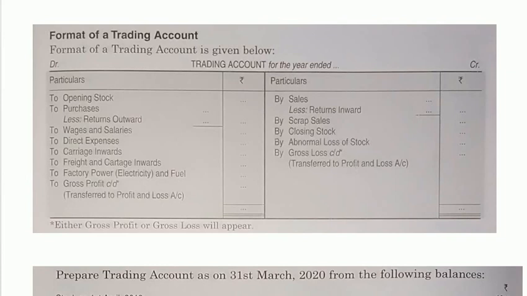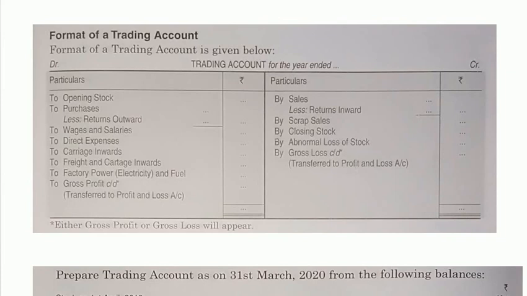Administrative expenses or selling and distribution expenses are not recorded here. Those expenses are concerned with the statement of profit and loss account, so they will be recorded there. Here we only record manufacturing expenses, factory expenses, or the direct expenses of the organization.